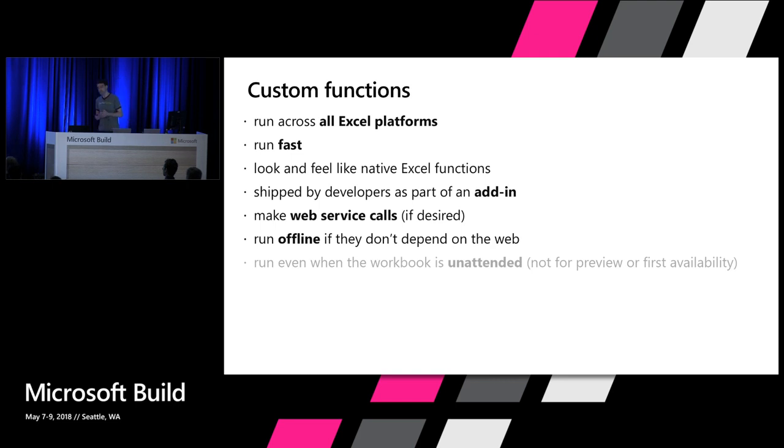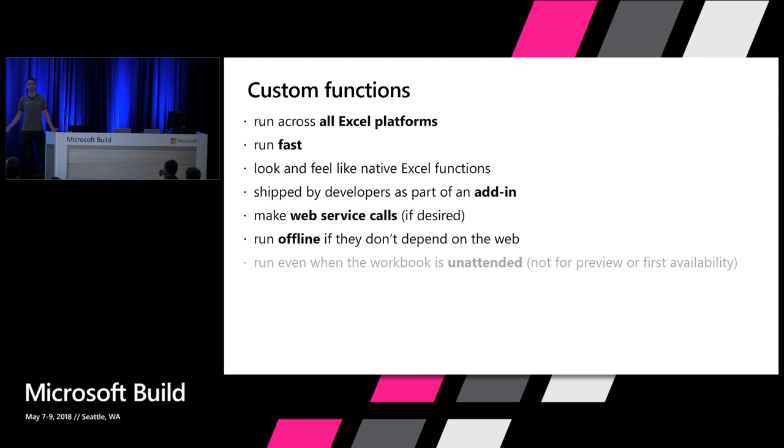The next point here is making web service calls. These days, a lot of the use cases that I've heard about from customers are all about bringing in data from the web. Whether it's a stock price on the internet that you need to bring in, a cryptocurrency price, or maybe a database that you have hooked up, enterprise-specific data, you want to pull that in so that it makes it super easy for the users.